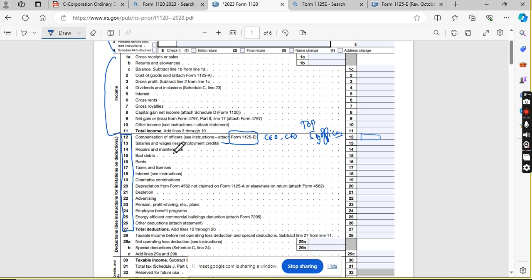Then you have to capitalize it. Then it will be in the balance sheet, not in the P&L. So accordingly, you have to see whether that repair and maintenance can be expensed or has to be capitalized.